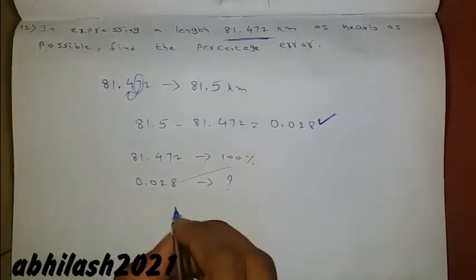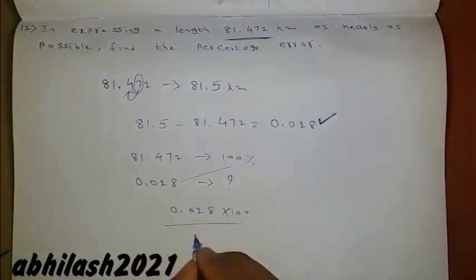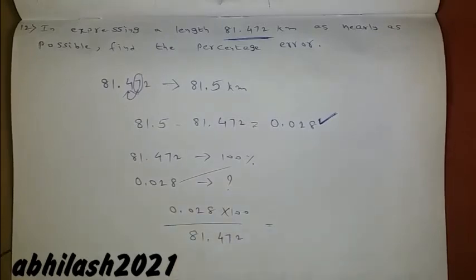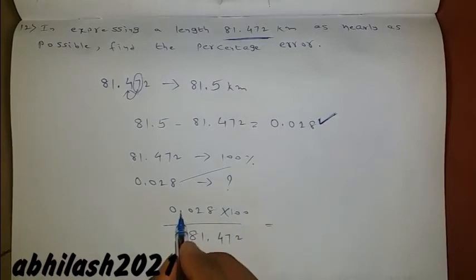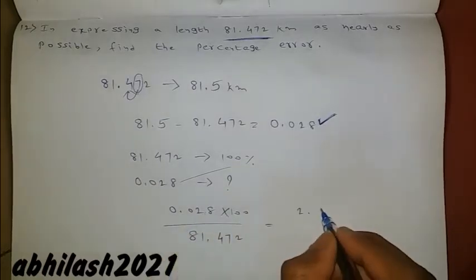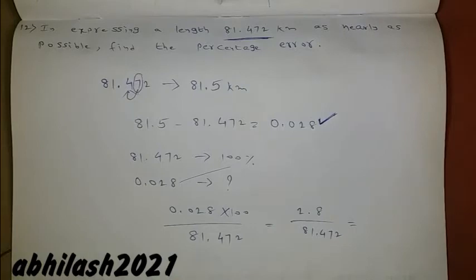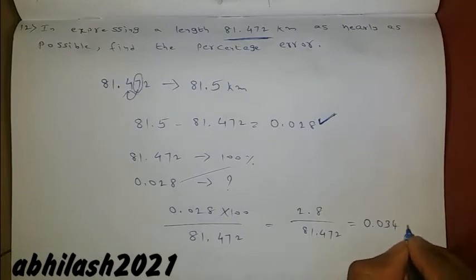If we cross multiply, 0.028 into 100 divided by 81.472, which is equals to, here 2 zeros we are multiplying with, so this will move 2 digits to the right side. It will become 2.8 divided by 81.472. If we do division of these two, we will get 0.034 percentage.